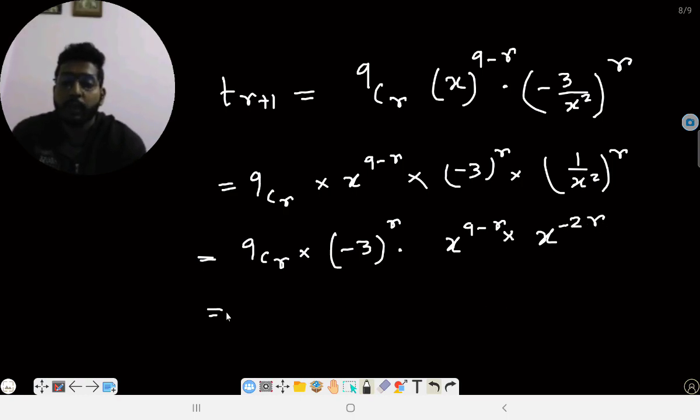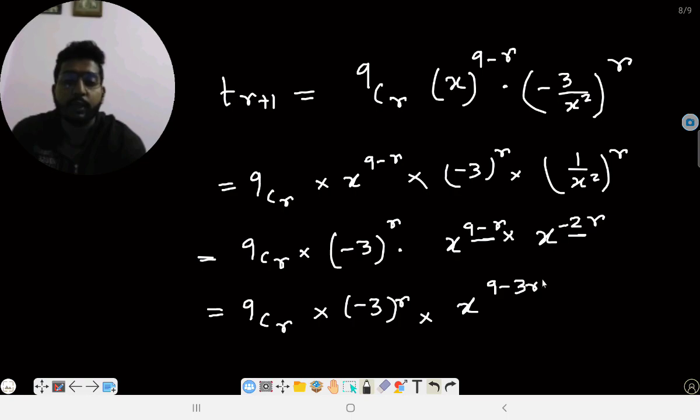So that will be 9Cr (minus 3) to the power r into x to the power, now the powers will be added, that means it will be 9 minus 3r. Now it is independent of x, that means the power of x will be 0.